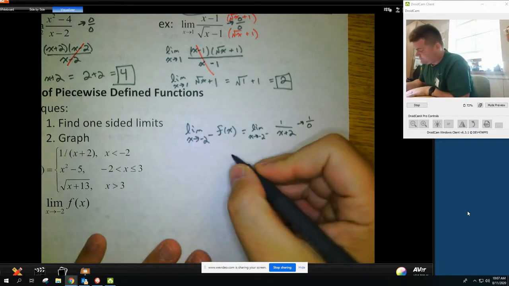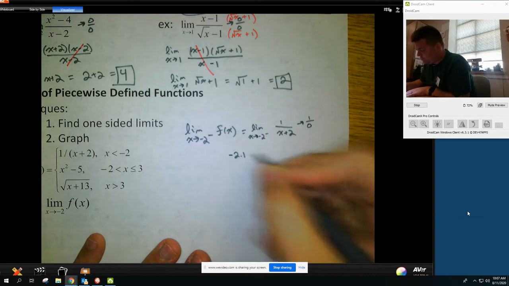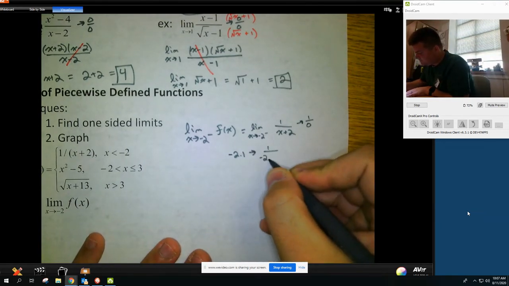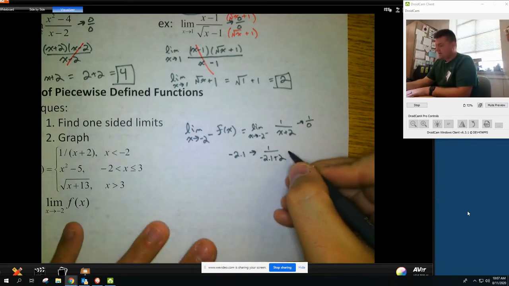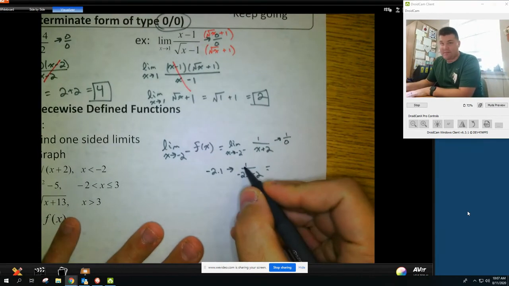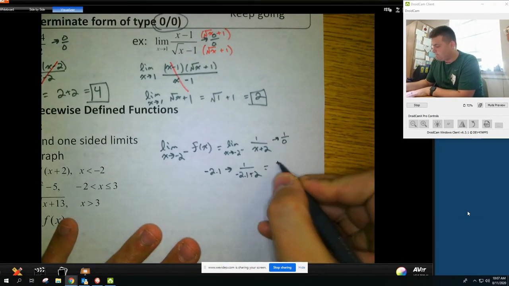So I'm going to use -2.1. I'm going to plug that into my function. So I'm going to get 1 over -2.1 plus 2. Now, I only care about signs, positives and negatives, because again, I'm going to an infinity, whether it's positive or negative. So the top is 1, which is positive.